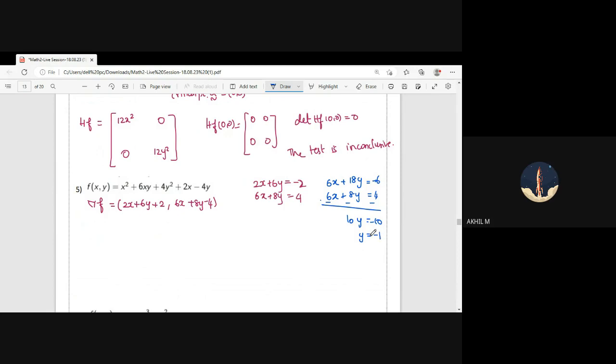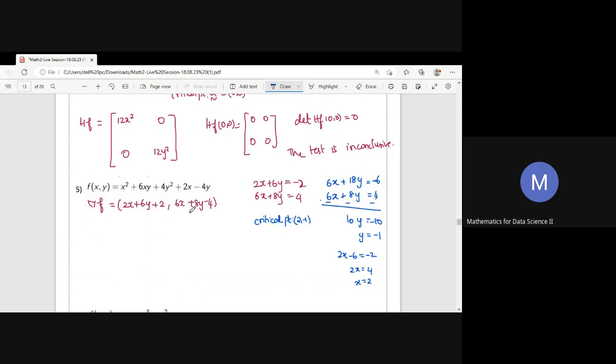Minus 1. If you substitute it back here, you get 2x minus 6 equal to minus 2, so 2x is equal to 4, x is equal to 2. So what is the critical point here? (2, -1). Okay, so it need not be (0, 0) all the time.